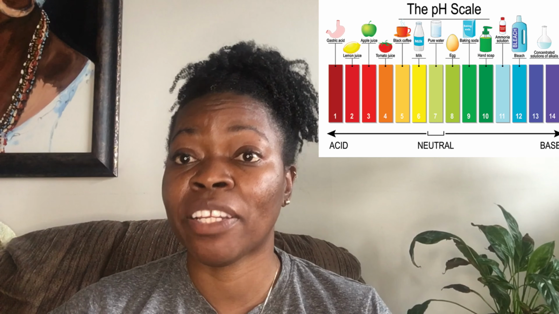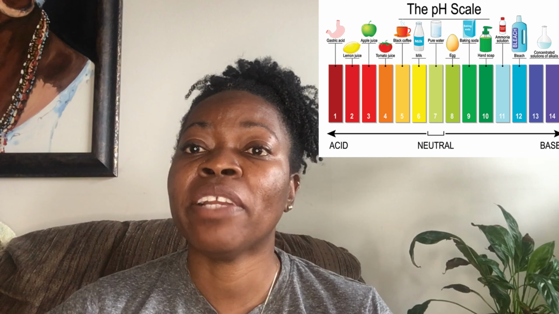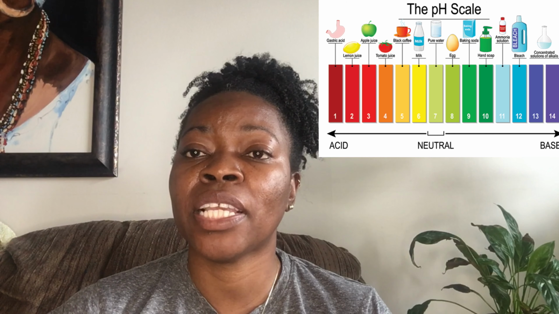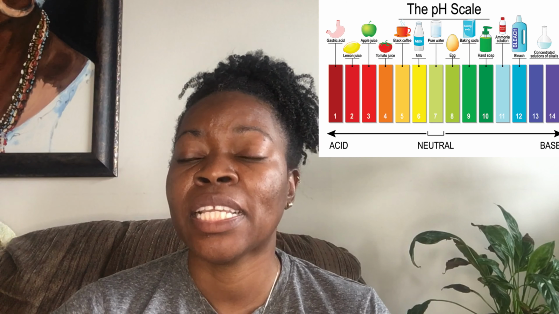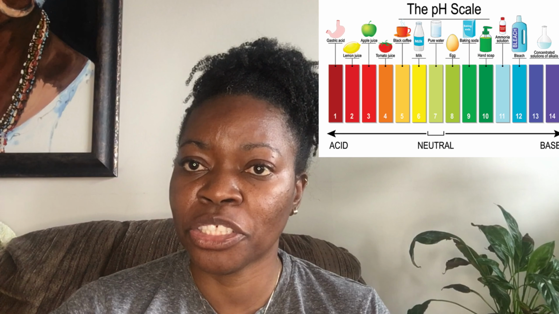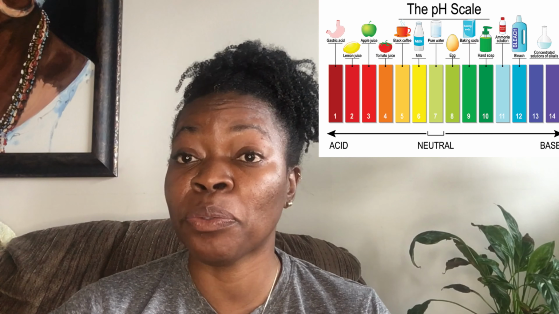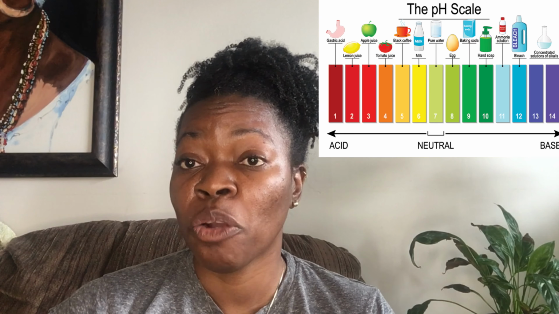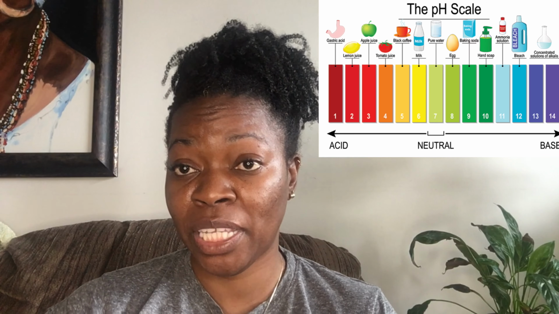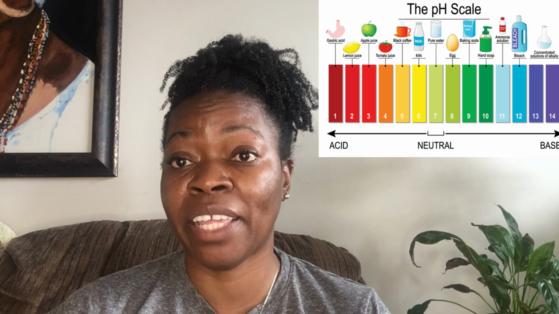while water is at 7. So whenever I use any kind of shampoos, any kind of conditioner, because I have high porosity hair, that means my cuticles is already open when it's in the comfortable pH at 4.5 and 5.